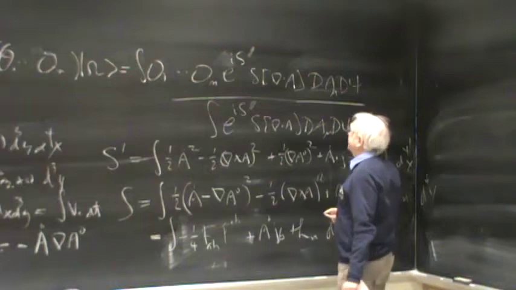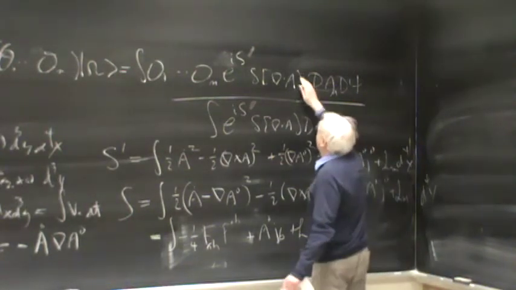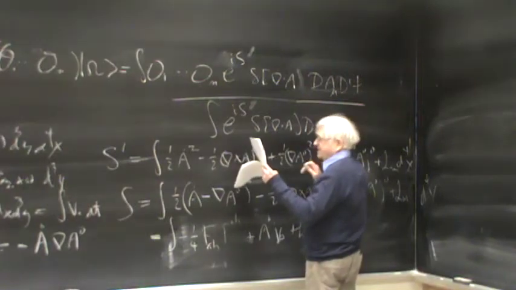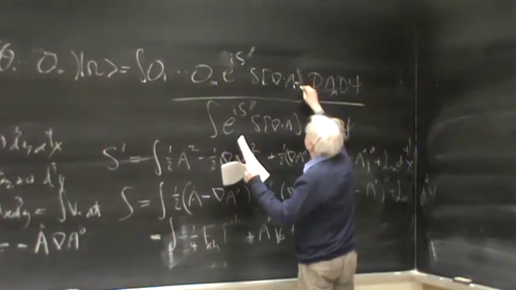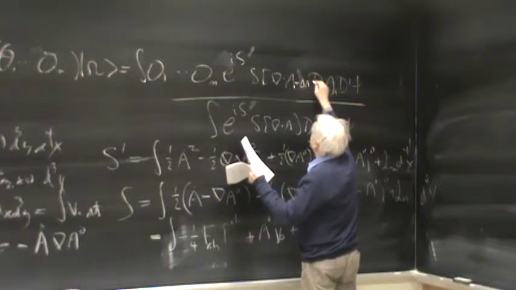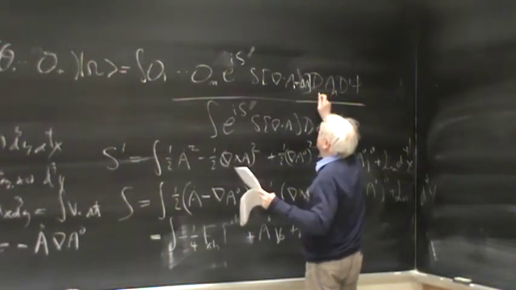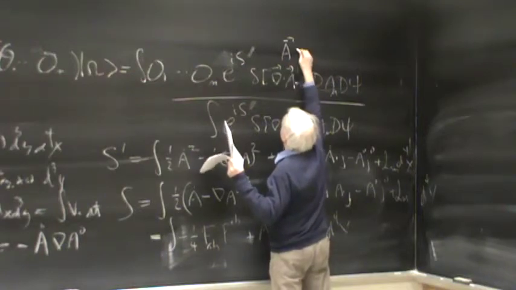So we can make a gauge transformation in the numerator. And what does this turn into? It turns into plus Laplacian of lambda. So in other words, this is three-dimensional.